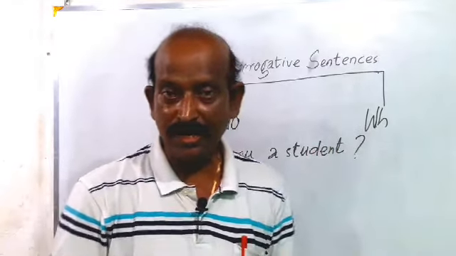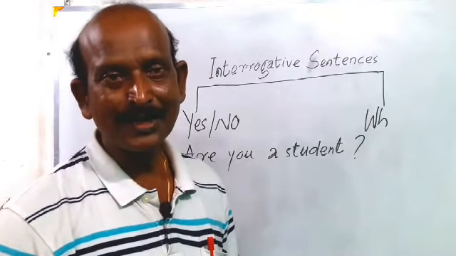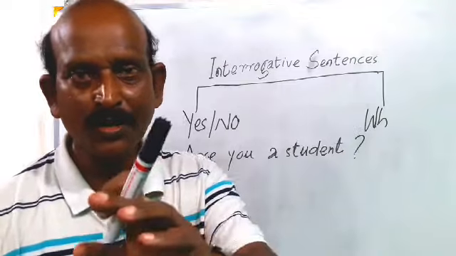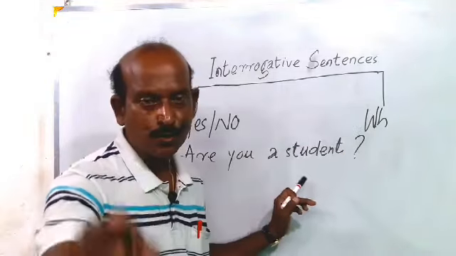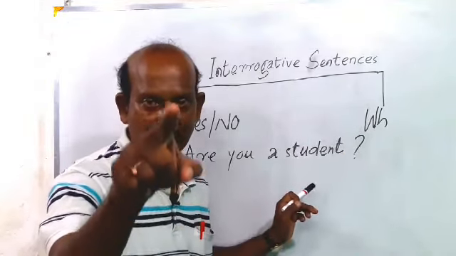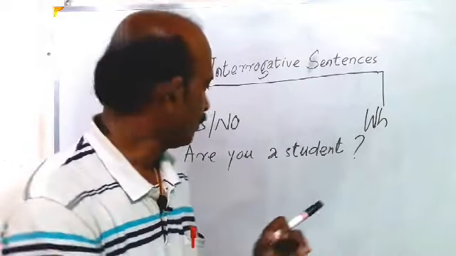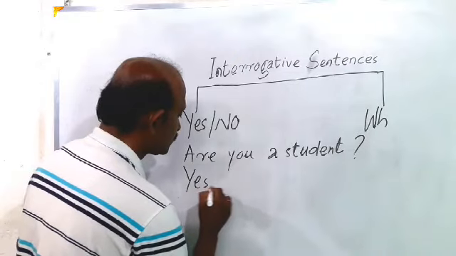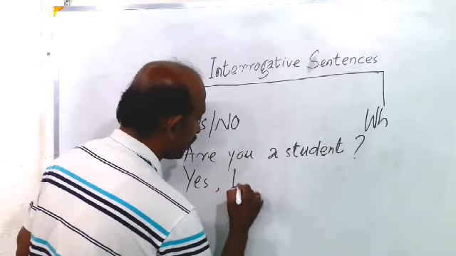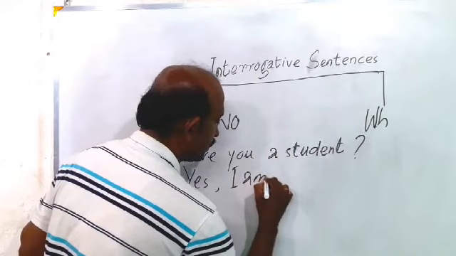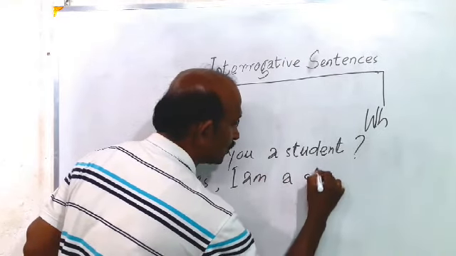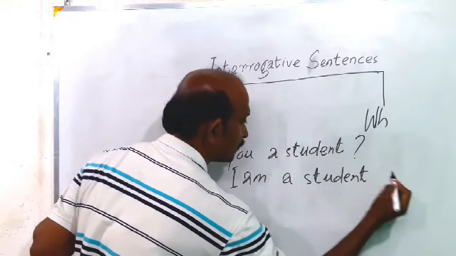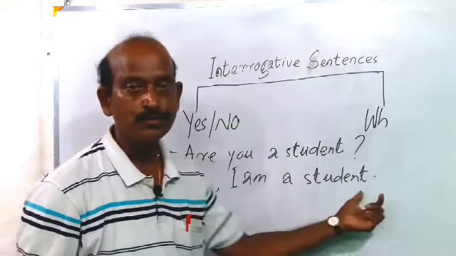When this question is asked to you, what will you answer? Students, recall it. First you will give the answer yes, comma, I am a student. Yes, I am a student. Am I clear? And it ends with a full stop.